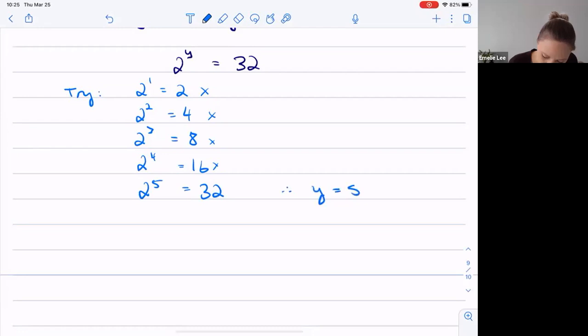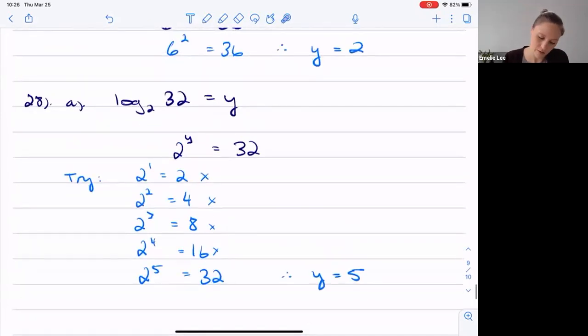Therefore, y must be equal to 5. So then the log base 2 of 32 is equal to 5. Okay. Good, good, good.